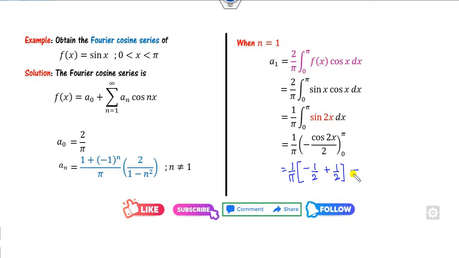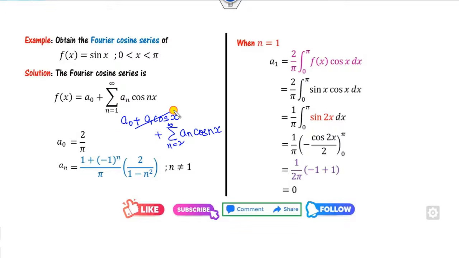So clearly this number is 0. So a1 is 0. Substitute all these values in this expression. So you will get a0, a1 cos x plus n varies from 2 to infinity an cos nx. This value will be 0 because a1 is 0.